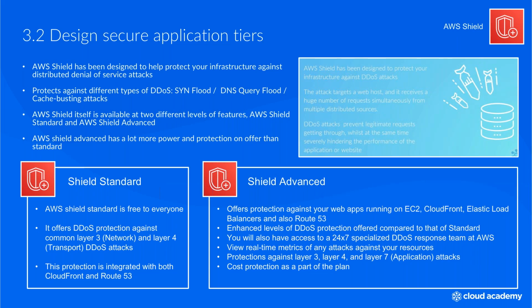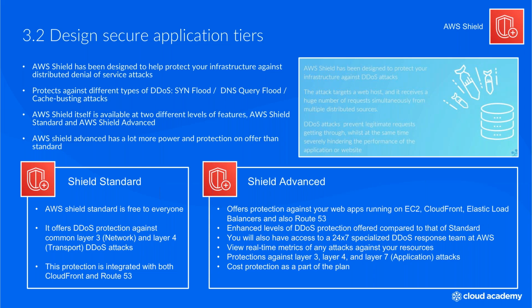Okay, so now we have AWS Shield. I just want to highlight a few points of this. Firstly, what is Shield used for? Shield has been designed to help protect your infrastructure against distributed denial of service attacks, commonly known as DDoS, and I think you highlighted that earlier, Will. These types of attacks are very common, more common than you think.